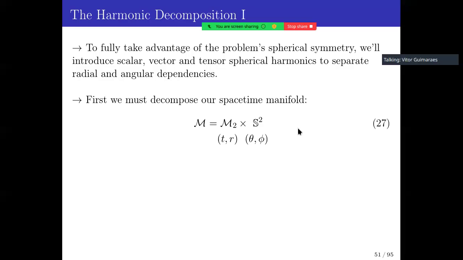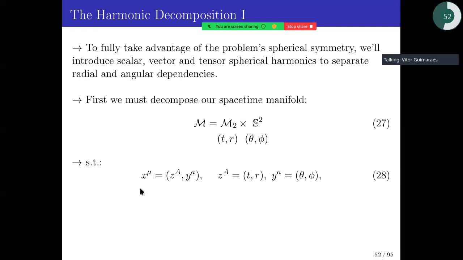We depart from the fact that we can do this in such a way that the coordinates of our spacetime will be also decomposed into Z capital A components and Y small a components, okay? These Z capital A coordinates are the T and R coordinates, okay?